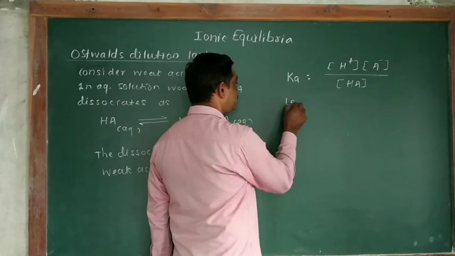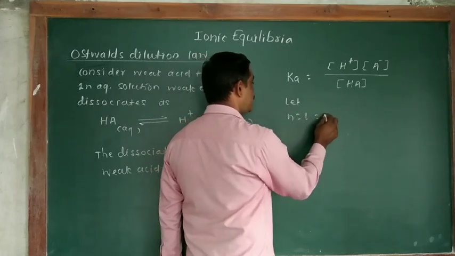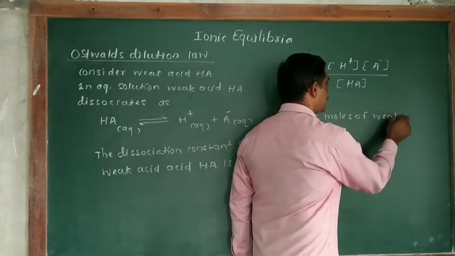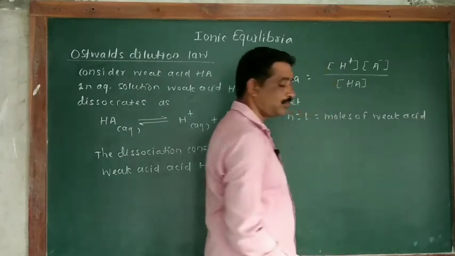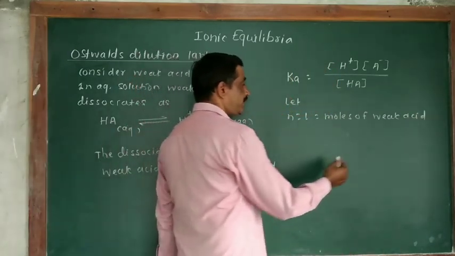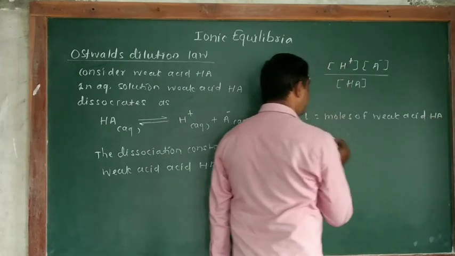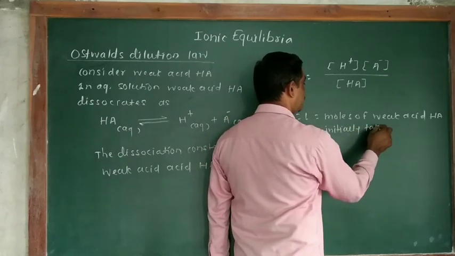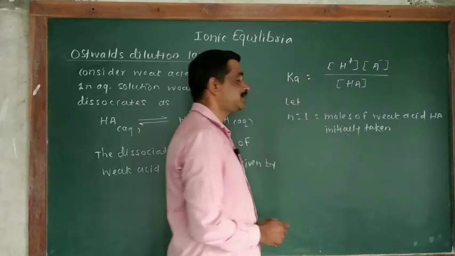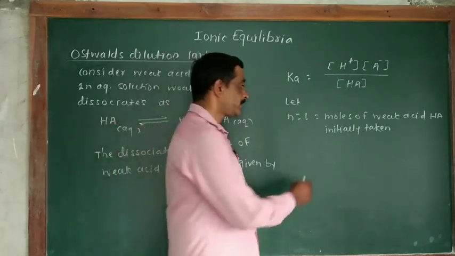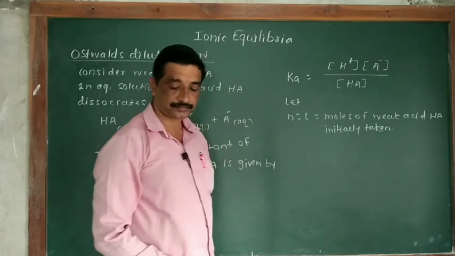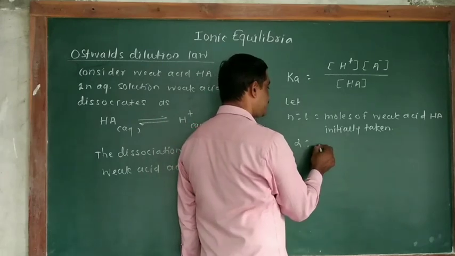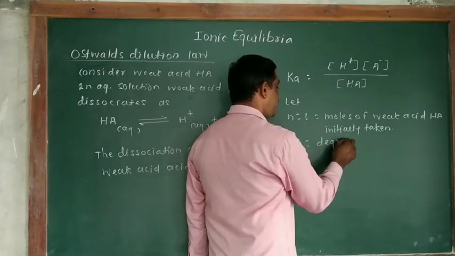So this is the dissociation constant of this weak acid. Here let N is equal to 1, the moles of weak acid HA initially taken.